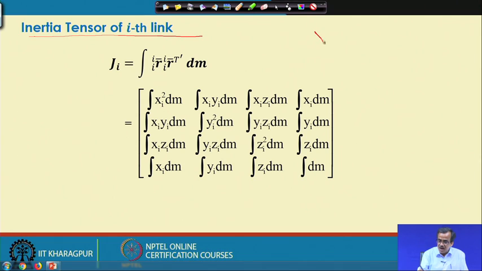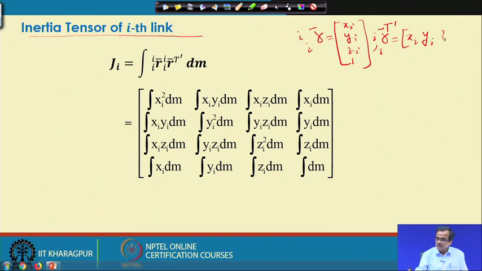So, this r I with respect to I, as we have seen, is nothing but x I, y I, z I, 1, and this r I with respect to I transpose is nothing but x I, y I, z I, 1.